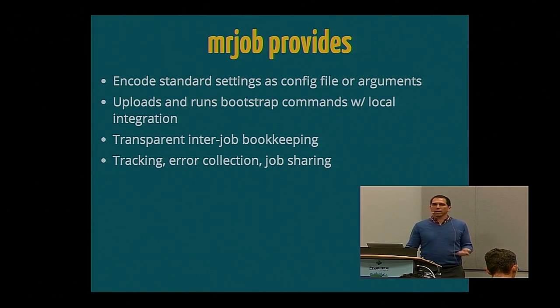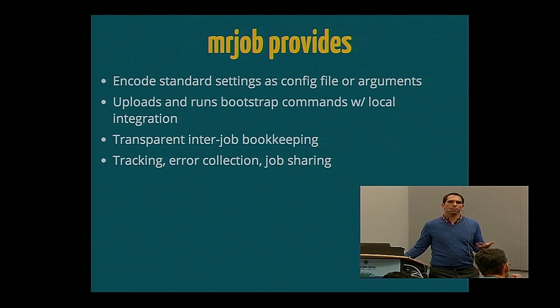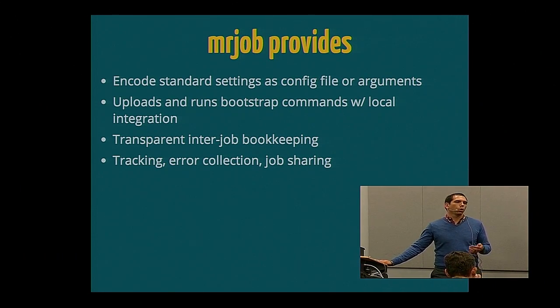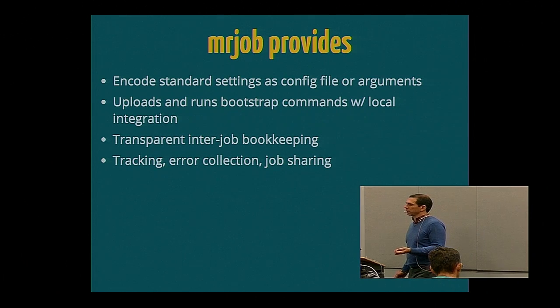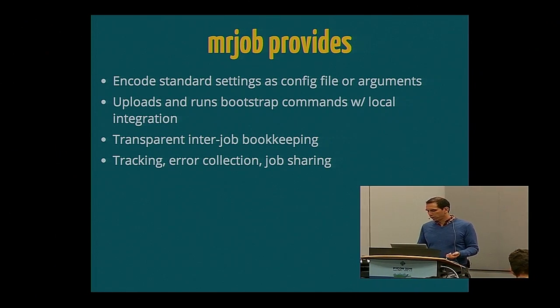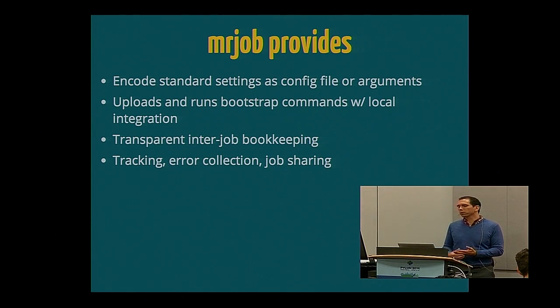A lot of times you'll want to upload code or a common set of data to the cluster so that all machines can use that while they're processing data. And there are rules or limitations about how you can do that upload.